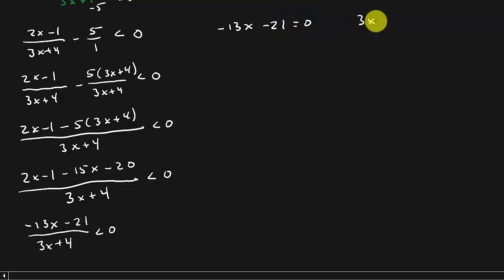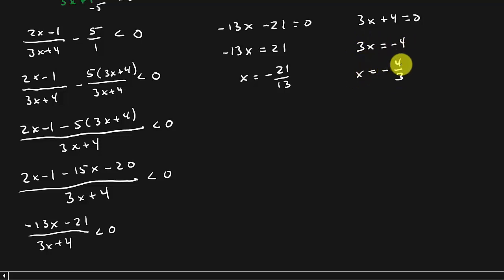And 3x plus 4 equals 0. So that's negative 13x equals 21. X equals negative 21 over 13. And here we get 3x equals negative 4. X is equal to negative 4/3. Okay, all right, so we need to plot these on the number line.